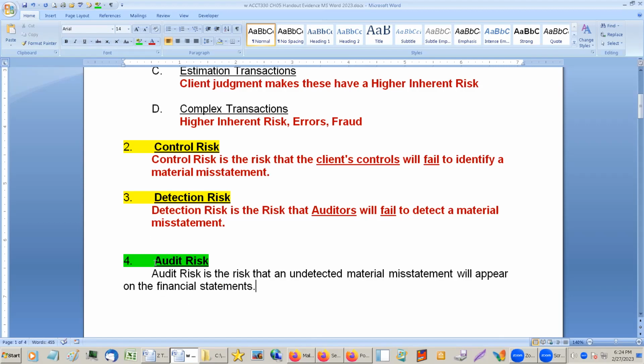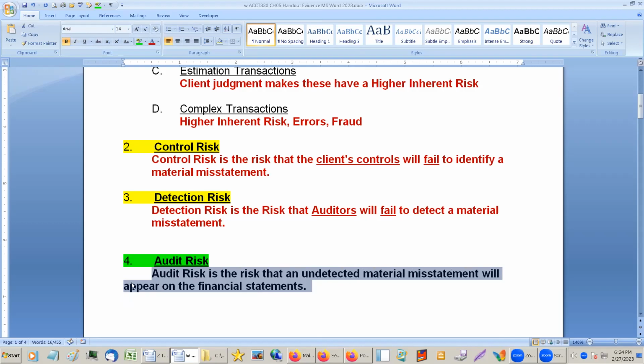Audit risk is a risk that an undetected material misstatement will appear on the financial statements. So this is an audit failure. And of course, you obviously want this to be low. So undetected. If you detect it, then it's fine. But if you don't detect it, that's bad.